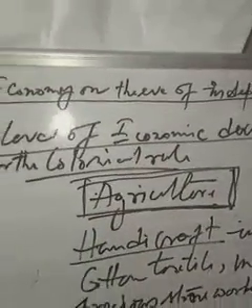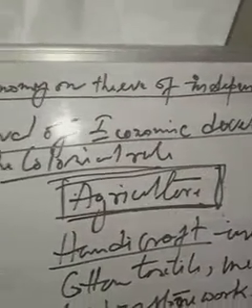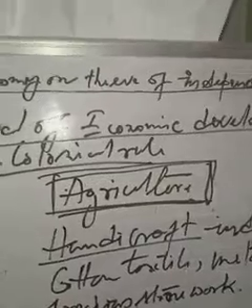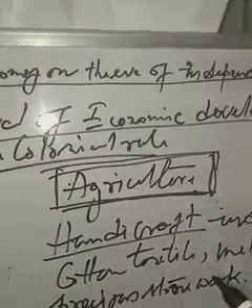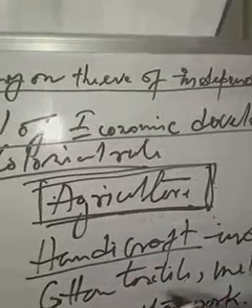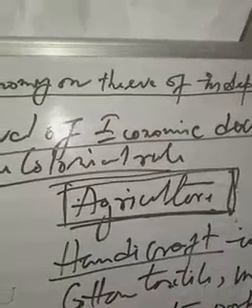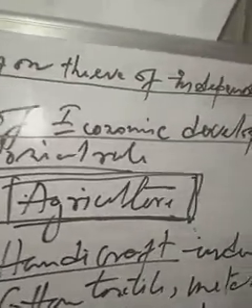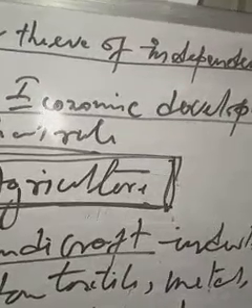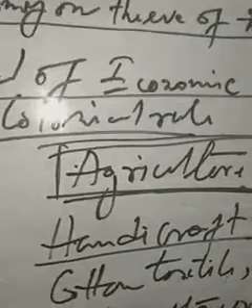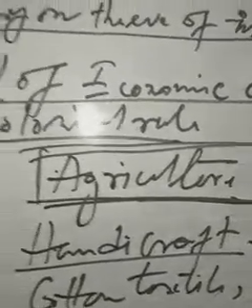That means before the advent of the British, our country was well known for its agricultural and industrial activities, like the handicraft industry, cotton textiles, metals, precious stonework. All these got fame all over the world at that time. These products got a worldwide reputation for their high quality and craftsmanship.